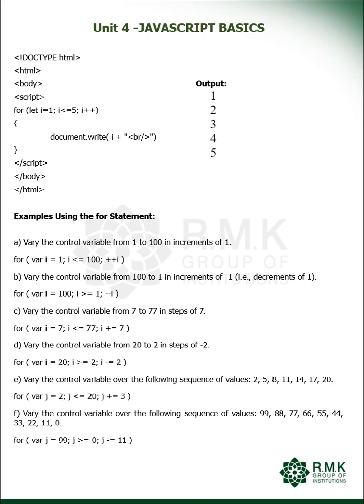First 1 will be printed, then i will be incremented, 2 will be printed, then i again will be incremented, 3 will be printed, again i will be incremented, 4 will be printed, then i will be incremented to 5 and 5 will be printed. When i is incremented to 6, it does not satisfy this condition. The condition says it must be less than or equal to only 5. It will come out of the for loop. So this is the output for this simple code.